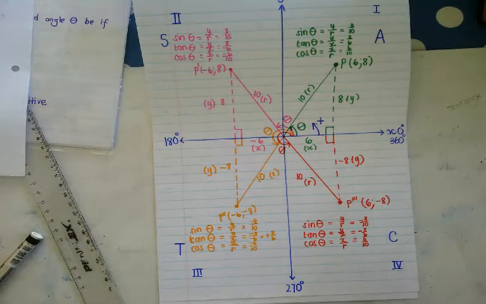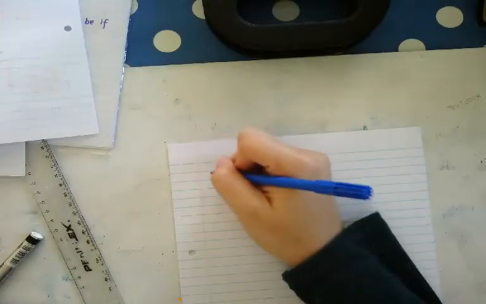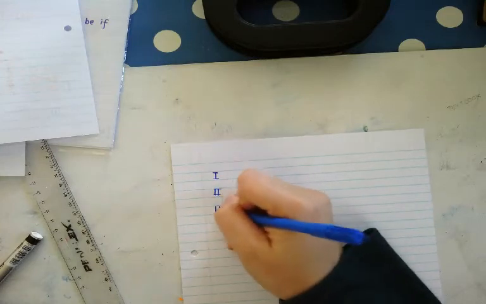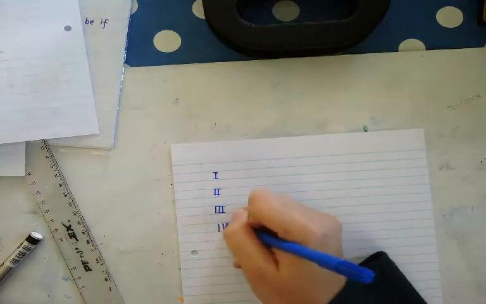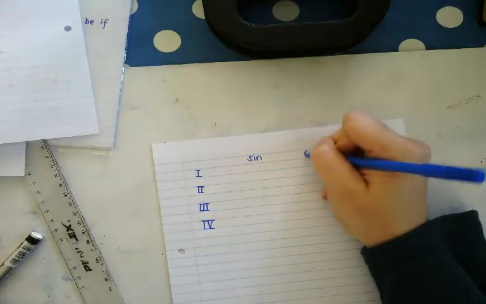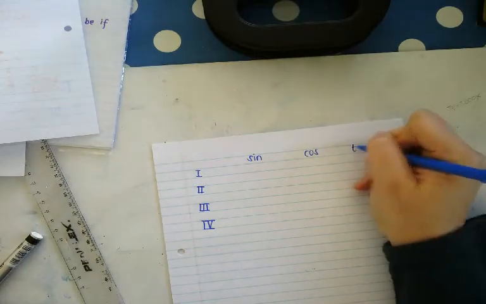Can I take this off the screen? Okay, so just a quick recap. Quadrant 1, 2, 3, and 4. Sine, I want you to tell me, is it positive or negative? Cos, positive or negative? And tan, positive or negative?